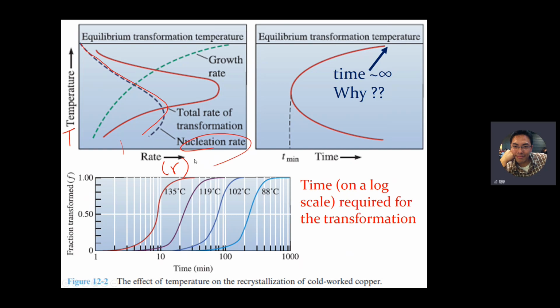We just count the number of nucleation sites formed. And this green dotted line is the growth rate. And we can combine them to find the total rate of transformation.